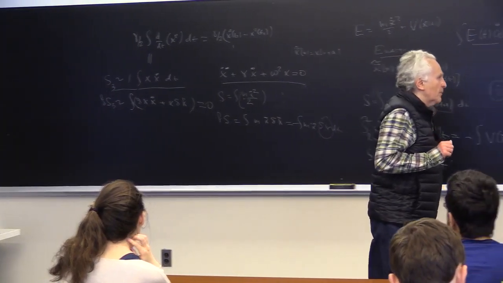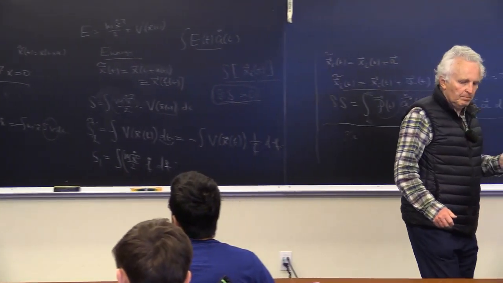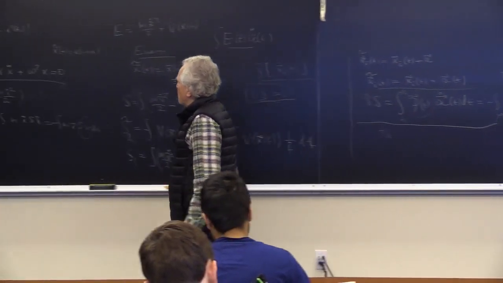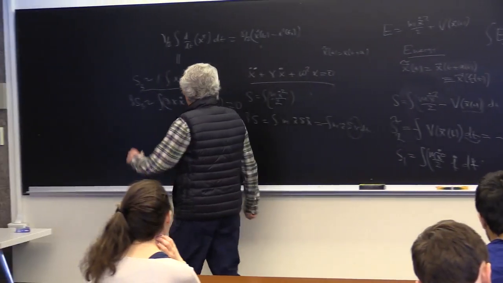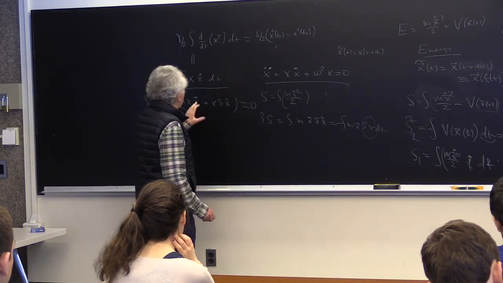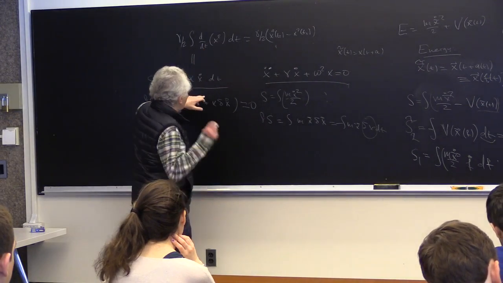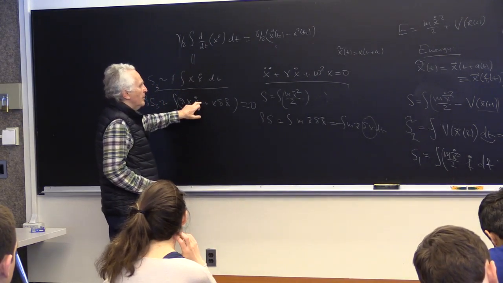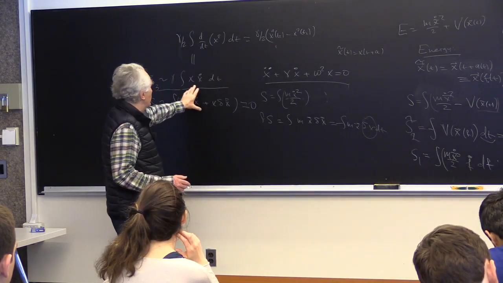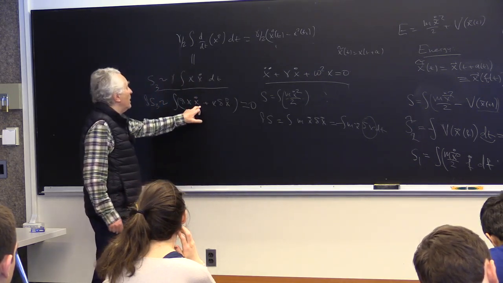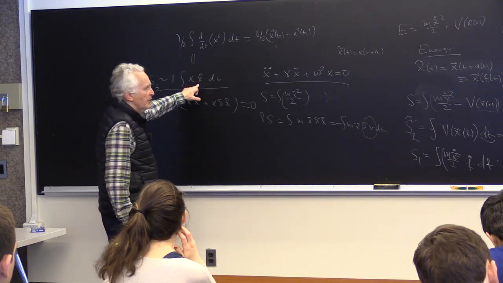But we're not done yet with this example. Let's try to think of some system. See what happens. So once again, this doesn't contribute to the equation of motion, and that was the only term which could have contributed, because this term is a complete derivative.